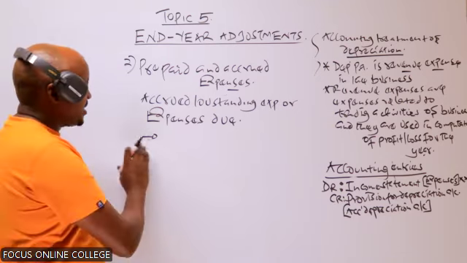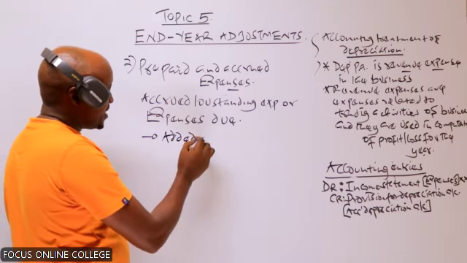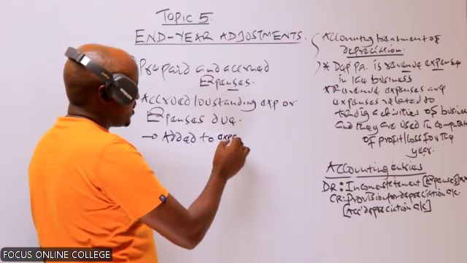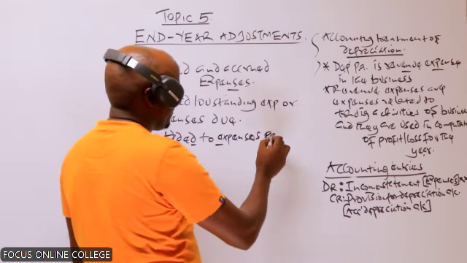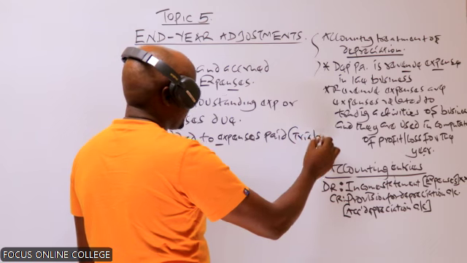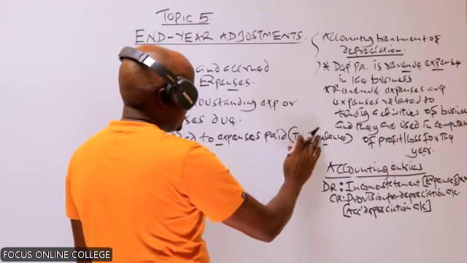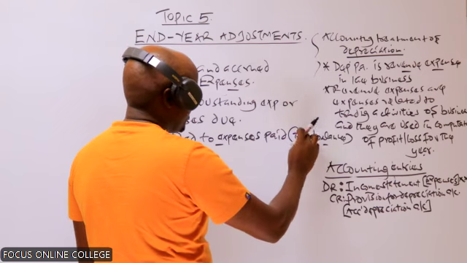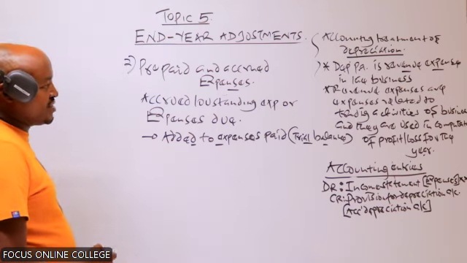So when preparing the financial statement, number one, you should add them to the expenses already paid, which are the expenses appearing in the trial balance. Add them together.